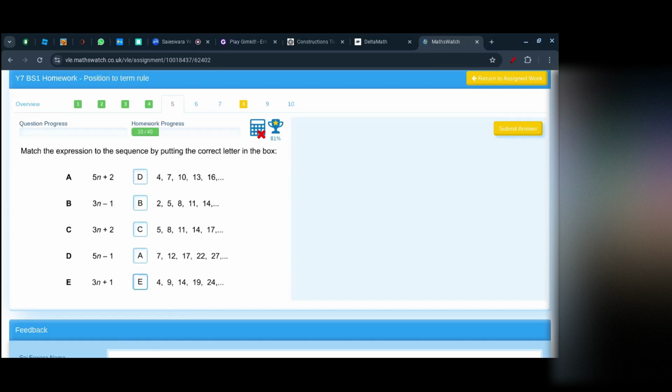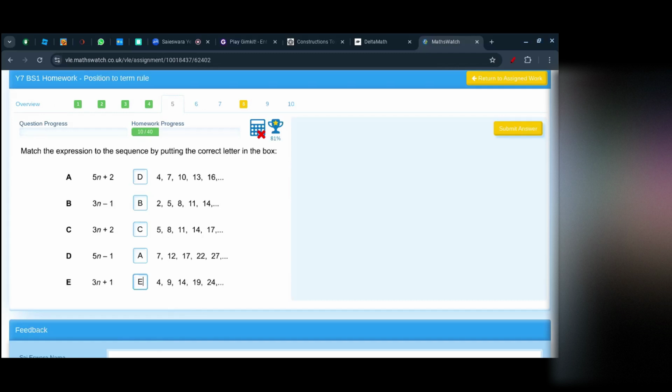What is the second term in D? See, 5n minus 2. N is 2. What is the answer? Sorry, 5n minus 1.